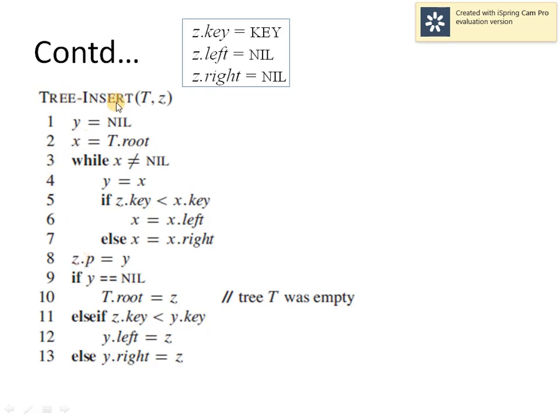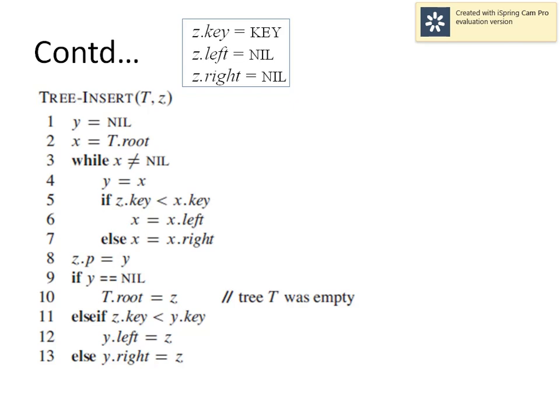Before calling this procedure, we have to initialize the node Z with three values. The first one is the data part, which is nothing but the key. Whatever new key value we are trying to insert in a binary search tree, we have to put that key as the data part or key part of the new node Z, and we have taken this new node using dynamic memory allocation in any language.